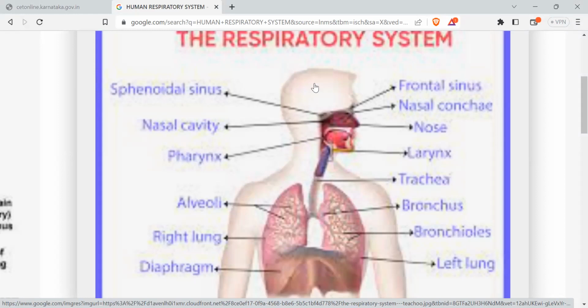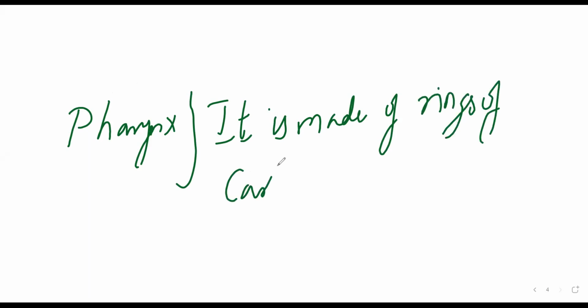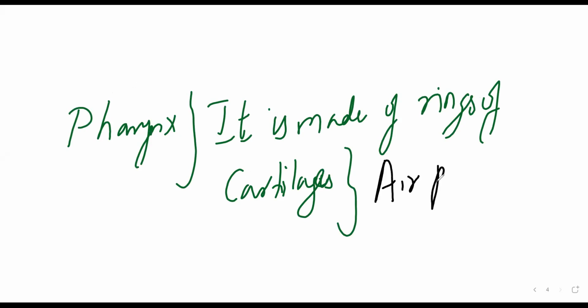Use of pharynx: it is made of rings of cartilage, and the main purpose is that our air passage shouldn't collapse.